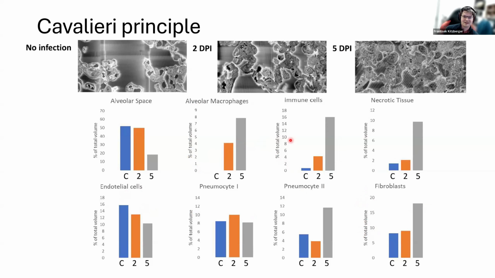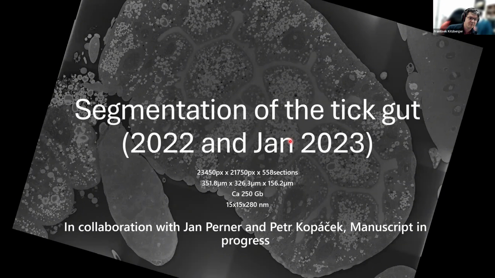So now let's go to some bigger project with, again, a real segmentation. It was the segmentation with TIG-GAT, which was done at the end of 2022 and the beginning of 2023. This dataset was rather big and would be even bigger if we hadn't decided to go with quite lower resolution, because we went 15 by 15 nanometers in X and Y and 2080 in Z, which means we took only every 4th section.